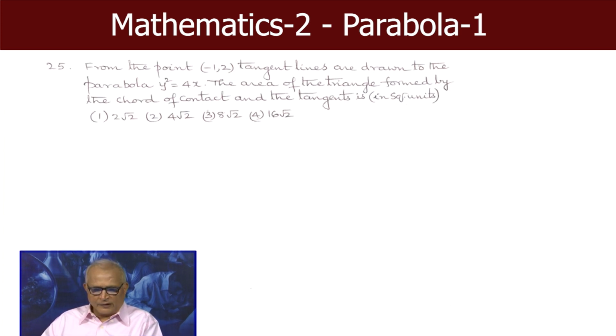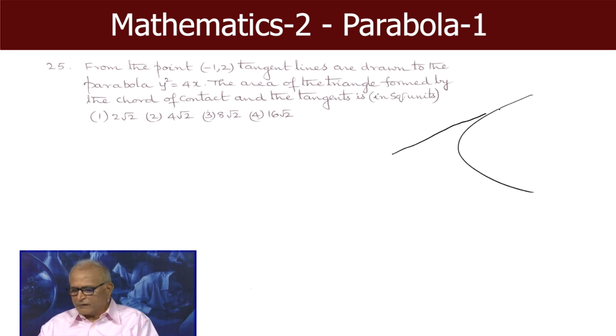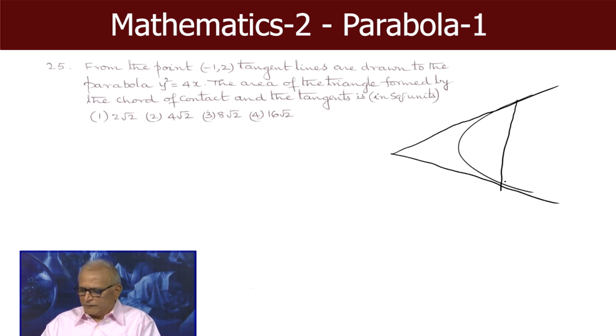Next. From the point minus 1, 2, tangent lines are drawn to the parabola y square equal to 4x. The area of the triangle formed by the chord of contact and the tangents. This is a slightly difficult question. Tangents are drawn from the point P minus 1, 2.